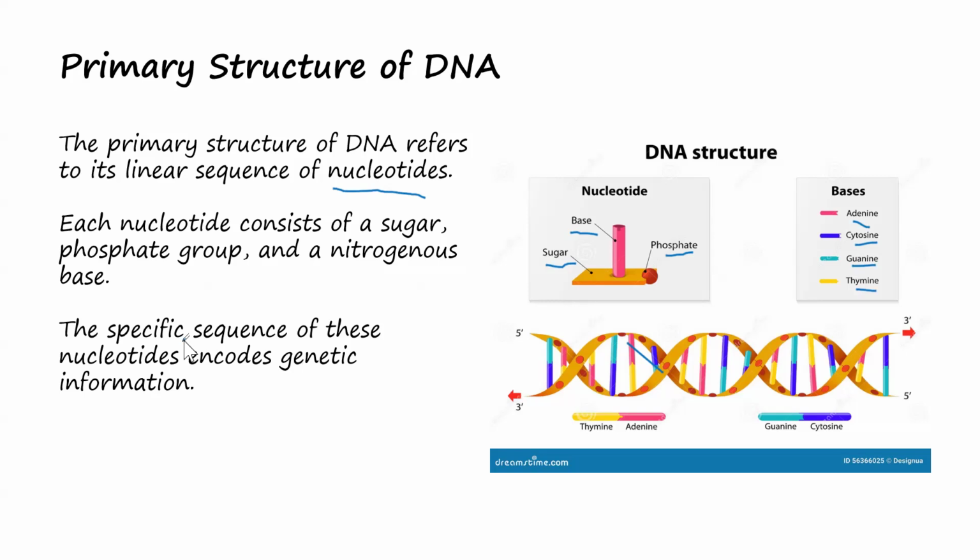In these nucleotides, we have what we call triplet codons, or genetic codons. Each of these genetic codes is responsible for coding a specific amino acid. So we use these nucleotides to encode different amino acids, which are used in protein synthesis.